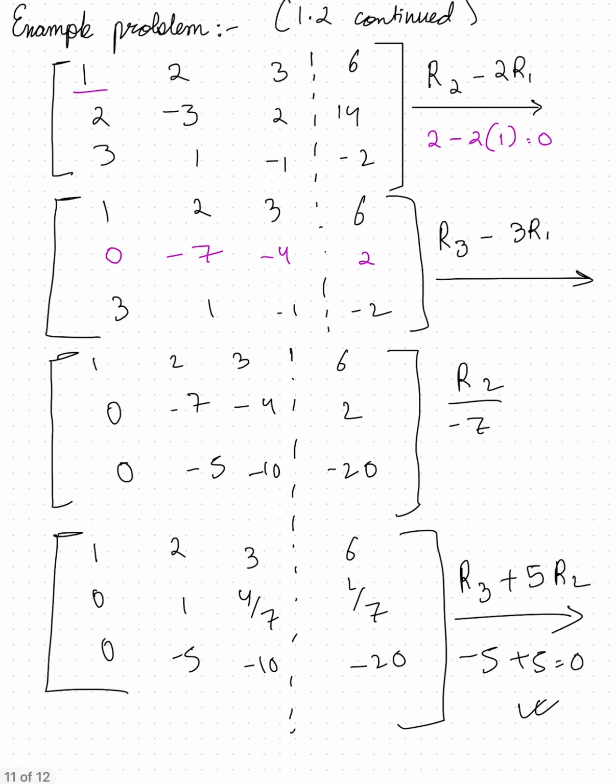So 1, 0, 0, 1, 2, 1, 0, 0, 34 over 7, and we have the other values, so we will be getting negative 50 over 7 and negative 150 over 7.